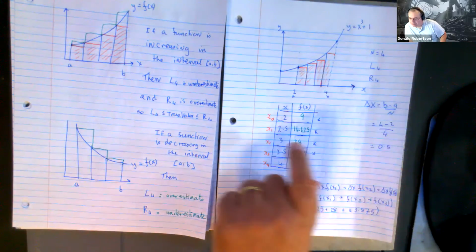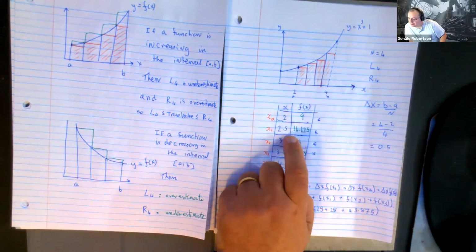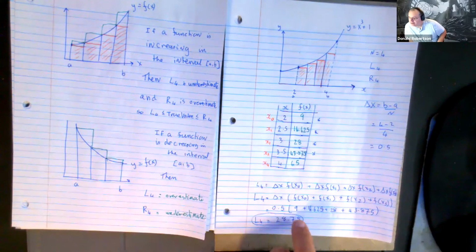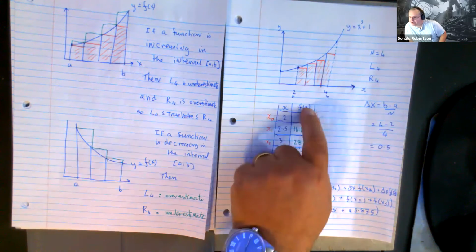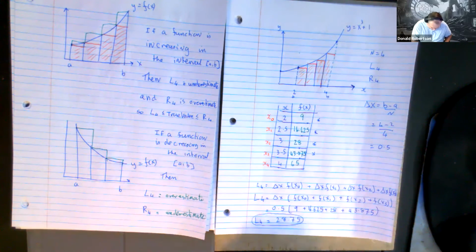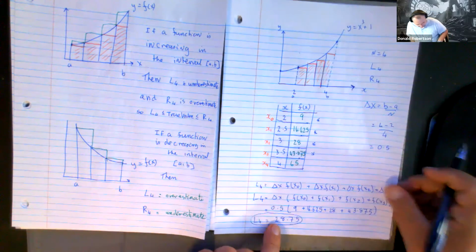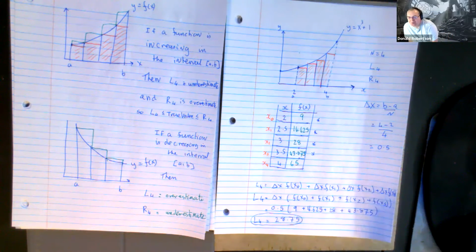In other words, how do you get that table? Because once you've got that table, the rest is just number crunching, isn't it? Once you know what these values are and the value of the function at these points, you're good to go. Oh, by the way, is this an under or overestimate again?